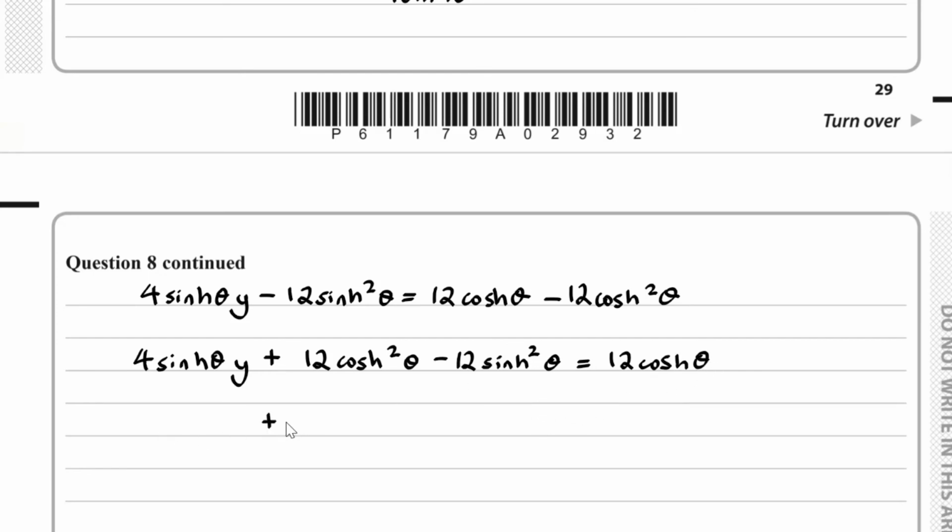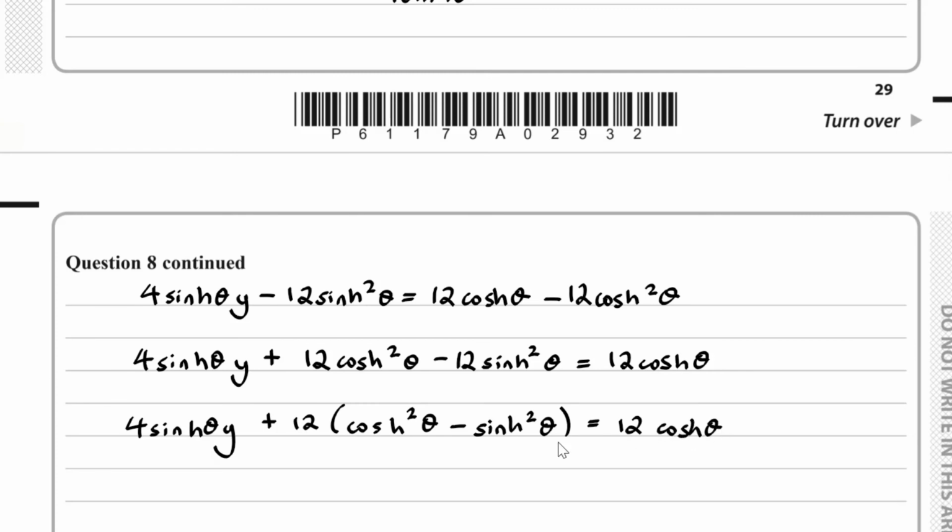And we can factorize out the 12 over here, so we have 12 lots of cos squared theta minus sine squared theta. Then we have this term still here, and this is equal to 12 cos theta.